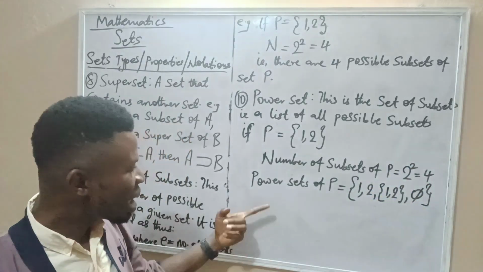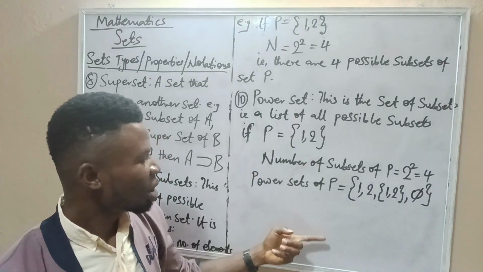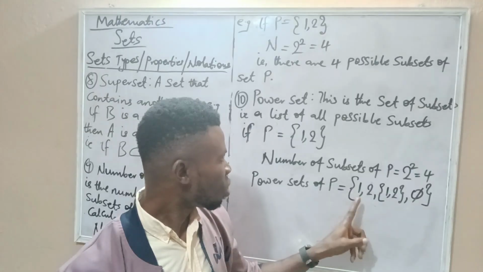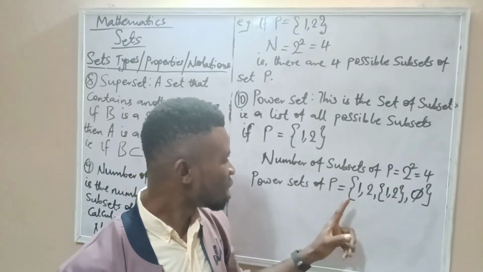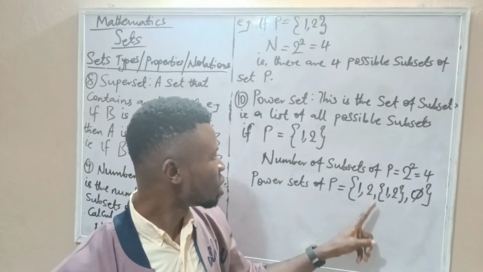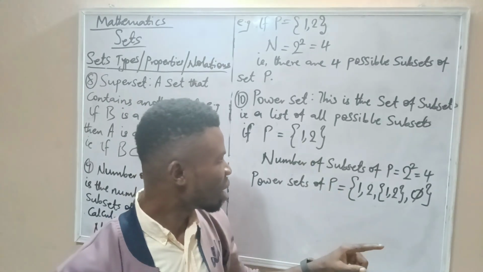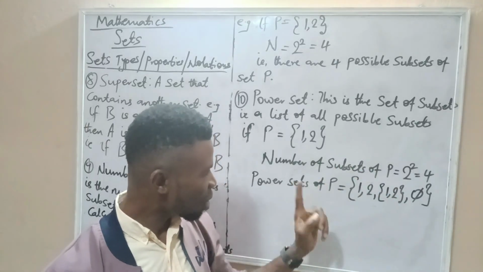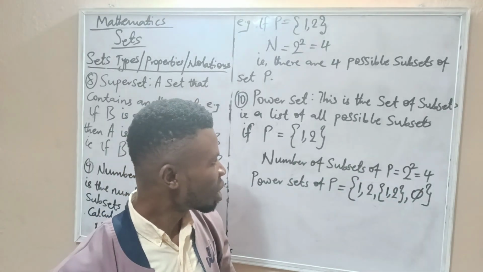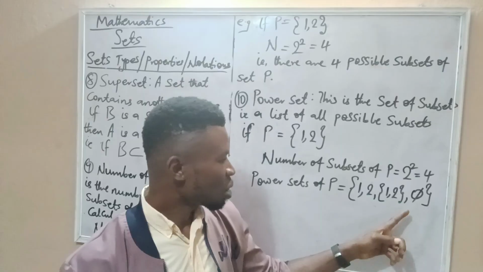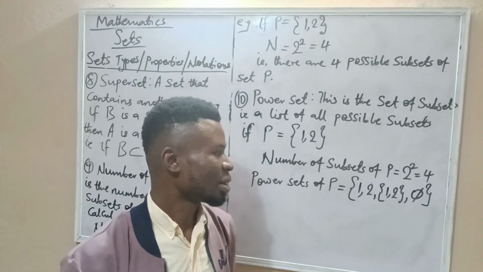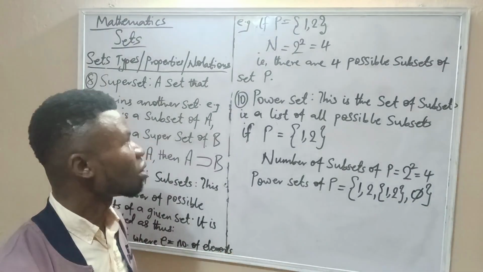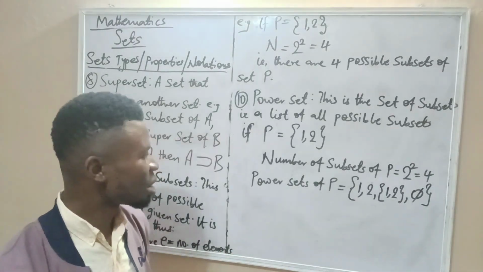Then the power set of that P lists all those subsets of P, which is 1. 1 is a subset of that P. It's just the set of the subsets. Now 2 is also another subset in this P. Then 1 and 2, which is the whole set, is also a subset of that P. And then an empty set, because an empty set is a member of all sets. An empty set is a subset of all sets.